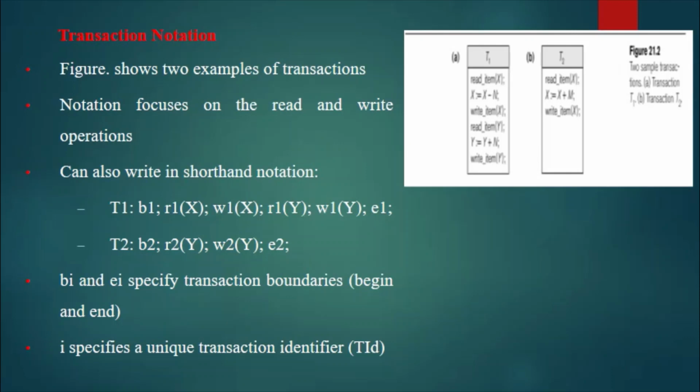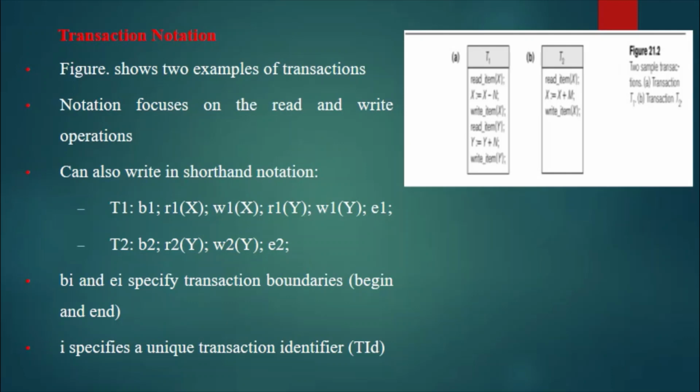In T1, we read item X, update it as X equals X minus N, and write item X. Then we read item Y, update Y equals Y plus N, and after updating we write the data item Y back into the database, that is write item of Y.